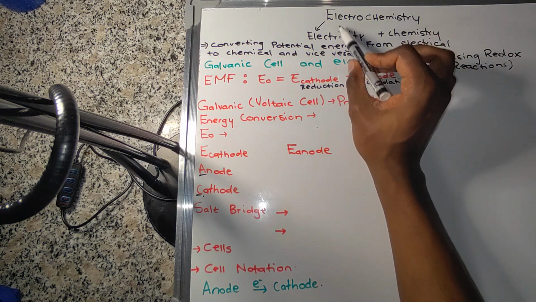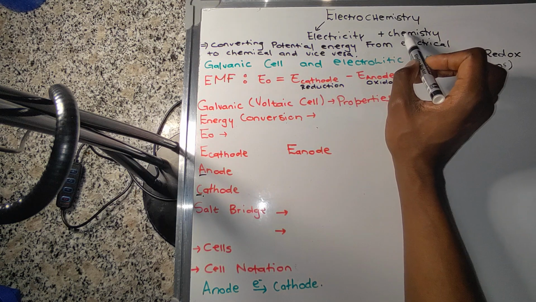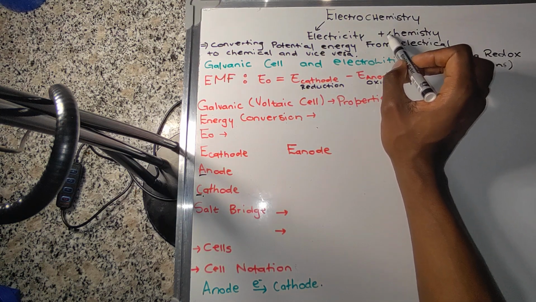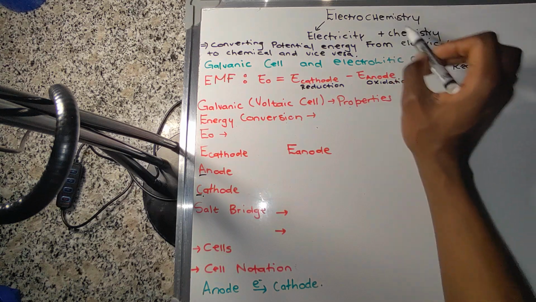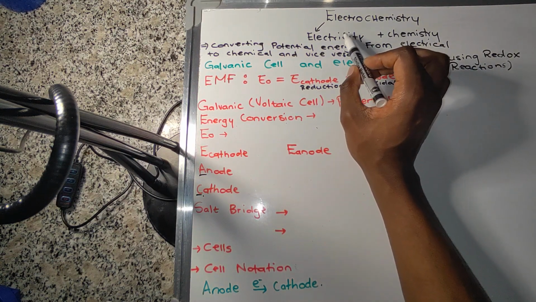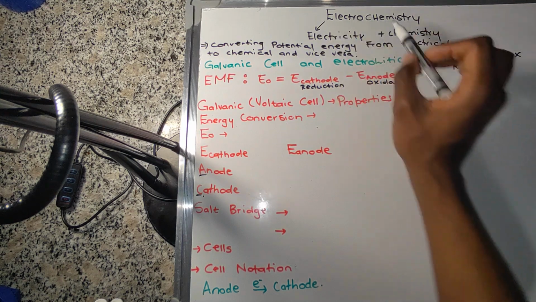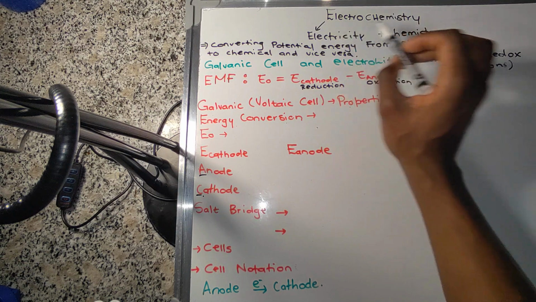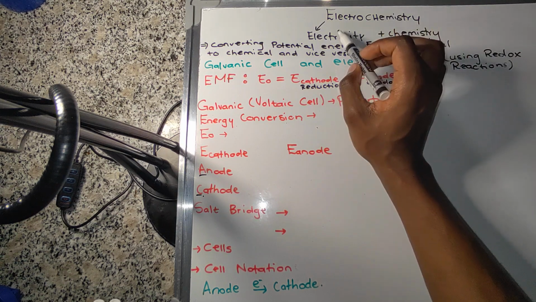So we use an electrical current to force those reactions to happen. We also learn that we can use chemical reactions to produce electricity. So there is a vice versa relationship between electricity and chemistry. This can produce that, and that can produce this.